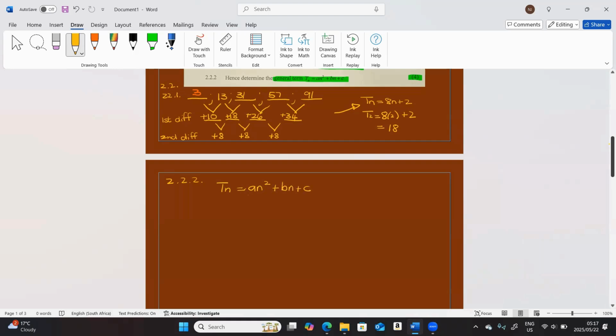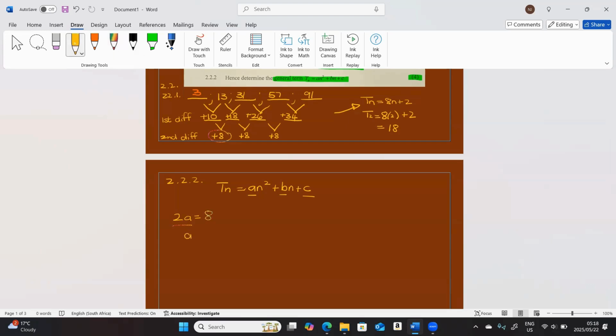So we basically need to get a value for a, a value for b, and a value for c, because n needs to remain unknown. So what we do then is we say 2a equals my second difference. It's always the case, by the way, you can study it. It's always going to be 2a. So 2a equals my second difference of 8.